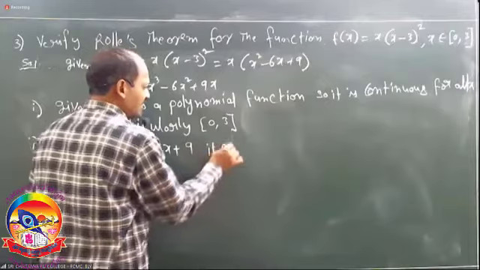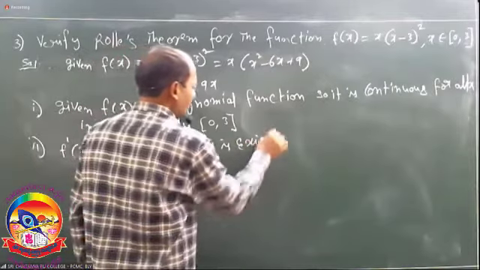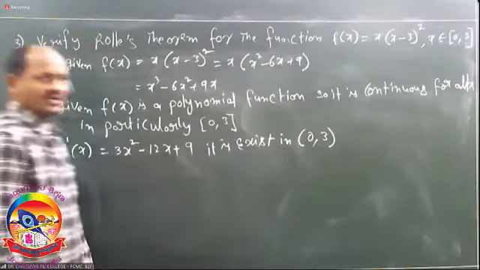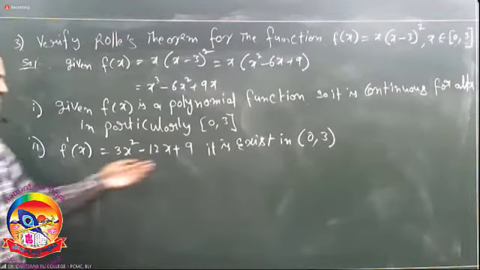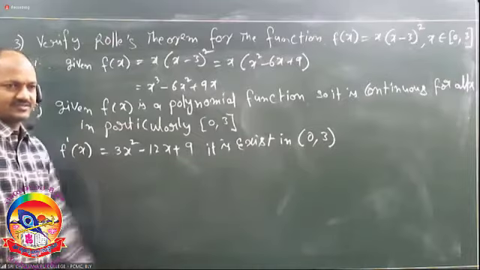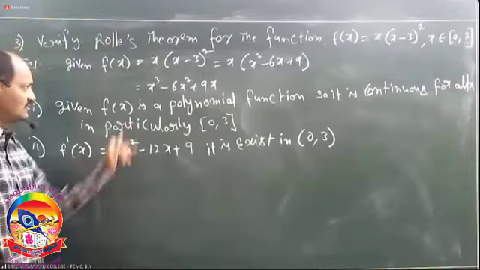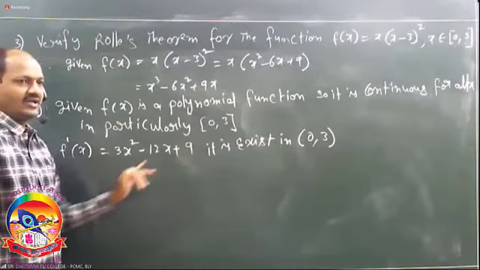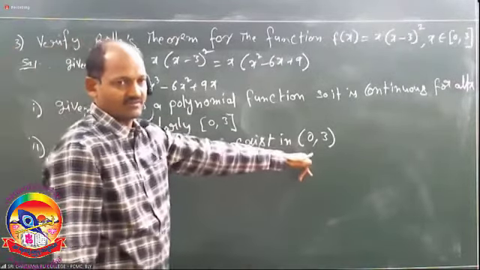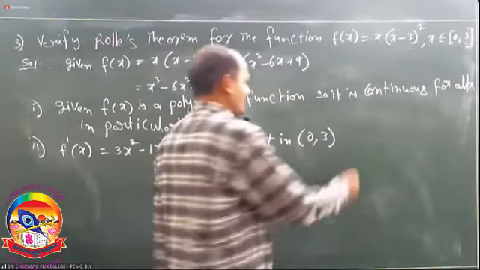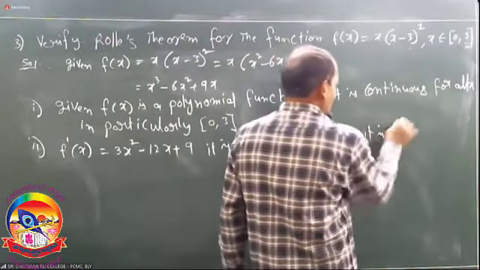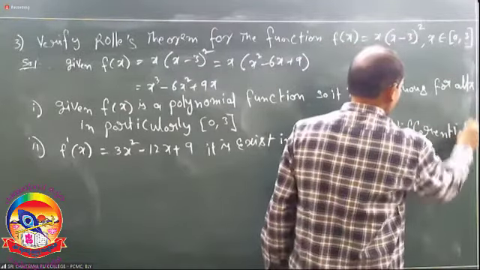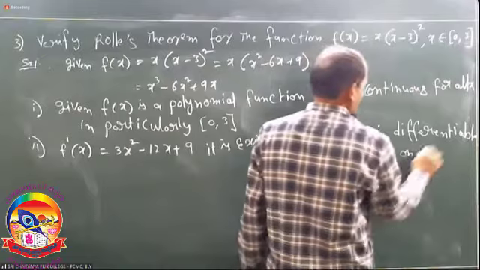It exists, that means a finite value in the given interval 0, 3. So f dash of x is equal to 3x square minus 12x plus 9 exists in the given interval. So it is differentiable on 0, 3.